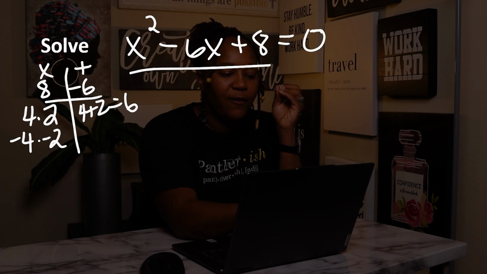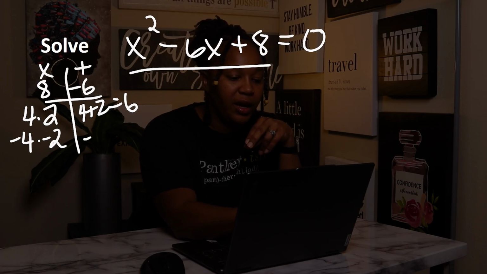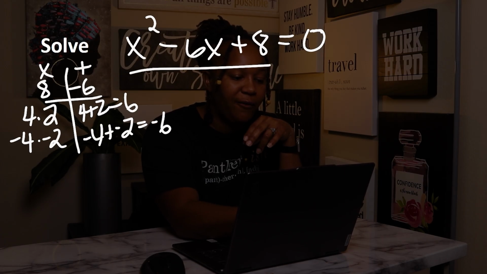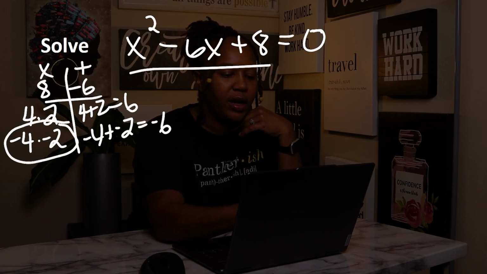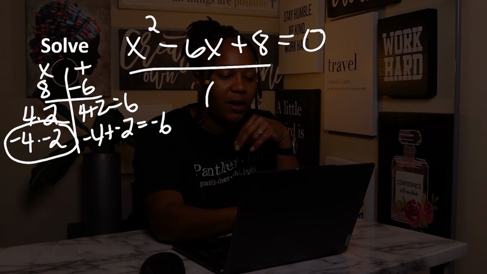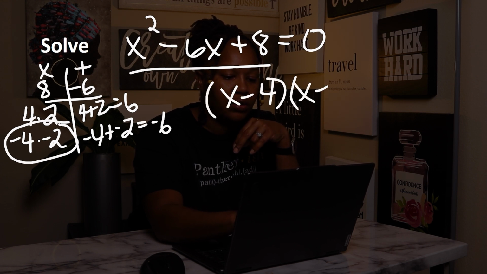And that gives me -4 times -2 equals +8. And -4 plus -2 is a -6. So those are my factors right there, -4 and -2. So this quadratic factors into x minus 4, x minus 2. And then all of that still equals 0.